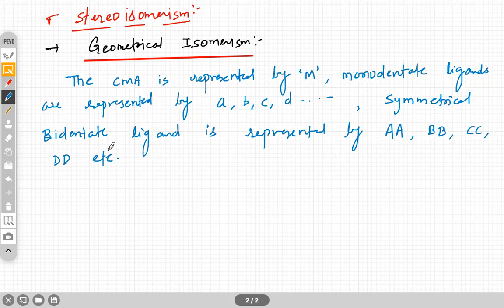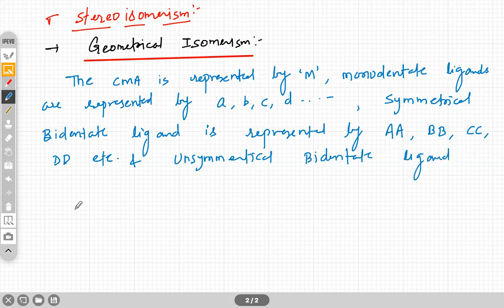If both donor atoms are same, then it is a symmetrical bidentate ligand. That's why we assume it as AA or BB, capital letters, right? And unsymmetrical bidentate ligand is represented by AB, CD, EF, etc. This is the notation we are going to use.